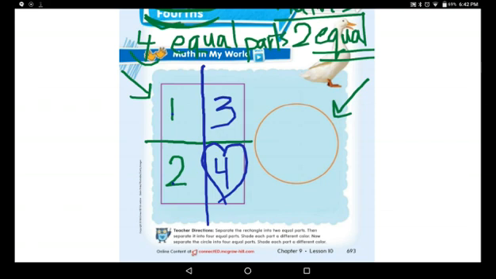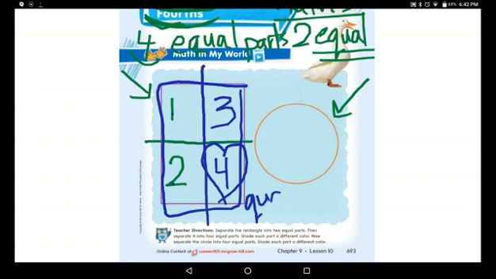They should be equally separated. Okay? If I separate the whole shape into 4 equal parts, that means I made quarters. So that means I got 4 quarters.